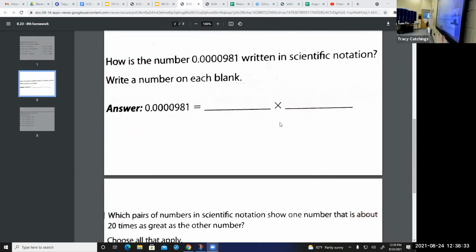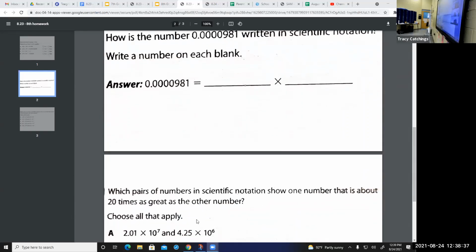All right, number 2 said, how is this number written in scientific notation? Y'all know me. Give me more than just some numbers. Tell me what I know or something. Somebody talk to us. Yeah, more than zeros behind one. You got 10 to a whole number. They go all the way behind here.